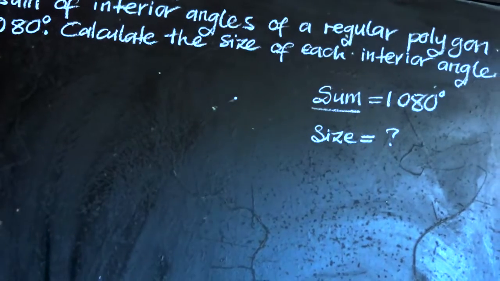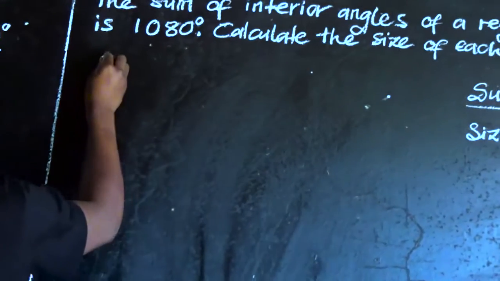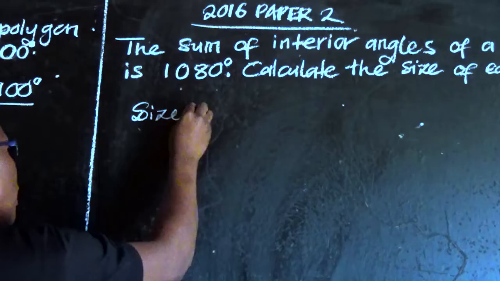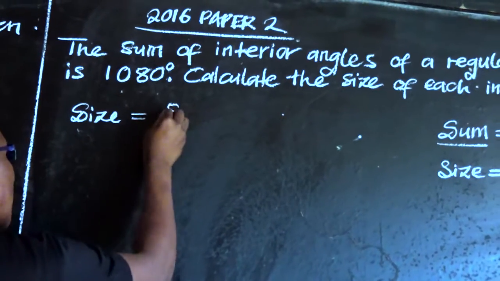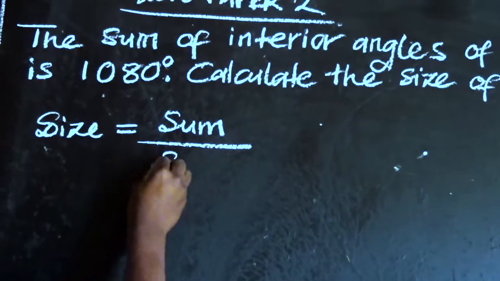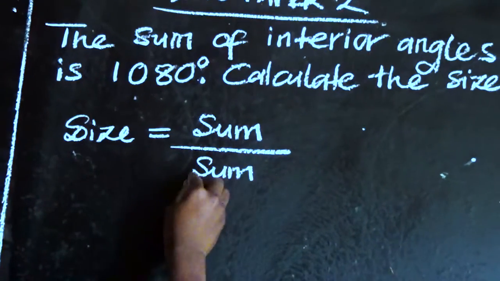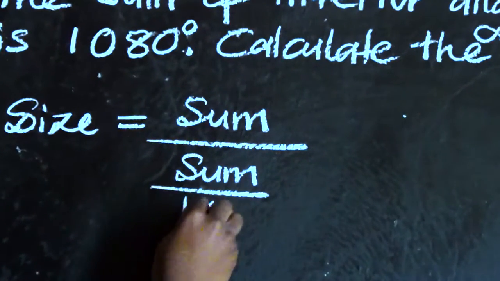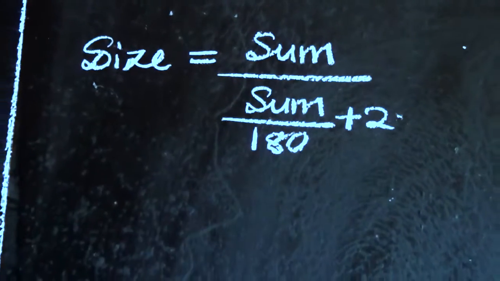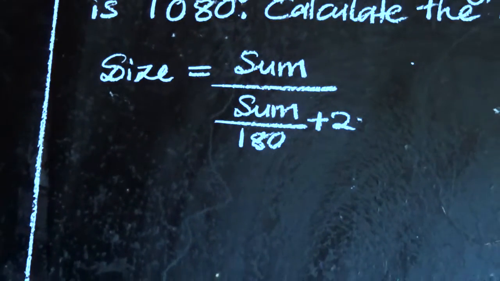So we're going to say the size of an interior angle is given by the sum of interior angles divided by the number of sides, where the number of sides is the sum over 180 plus 2. Okay? So that is the formula we're going to use.